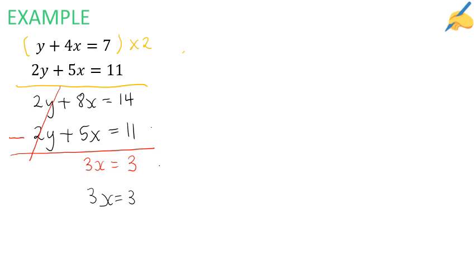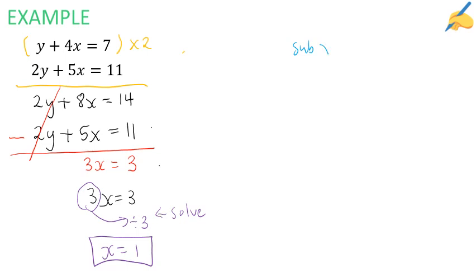Now I'm going to solve for x using my inverse operations. So I'll divide by 3. So x equals 3 divided by 3, so x equals 1. Now to find the y point, I sub x equals 1 back into the first equation.